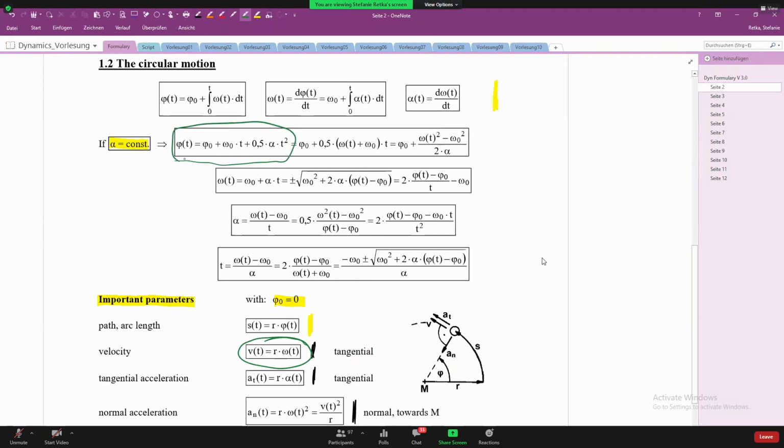My question is how to choose a formula, because phi is also equal to omega t. How to choose the right formula? Well, I need an angle. So where do I have an equation for the angle? Well, I have this one. I would have to solve an integral, and I don't know omega as a time-dependent variable, so I cannot use this equation. So my only other choice is this equation right here.